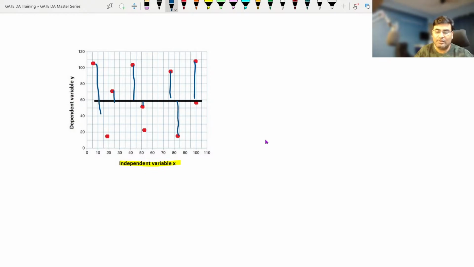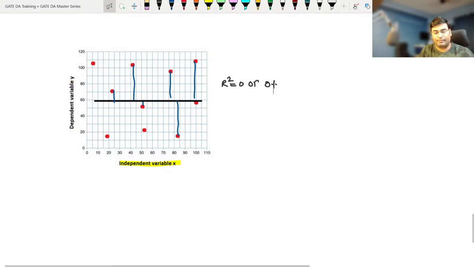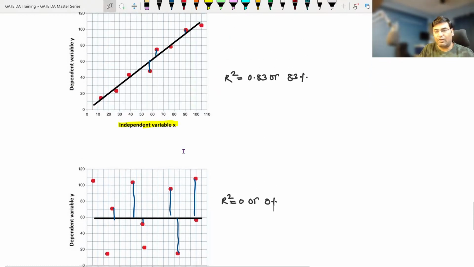So if you do the R square for it, it shows the model is not going to give anything. 0% of the variance is explained or accounted for by the x values. Any question, guys? Quick questions on this? No questions? Okay.